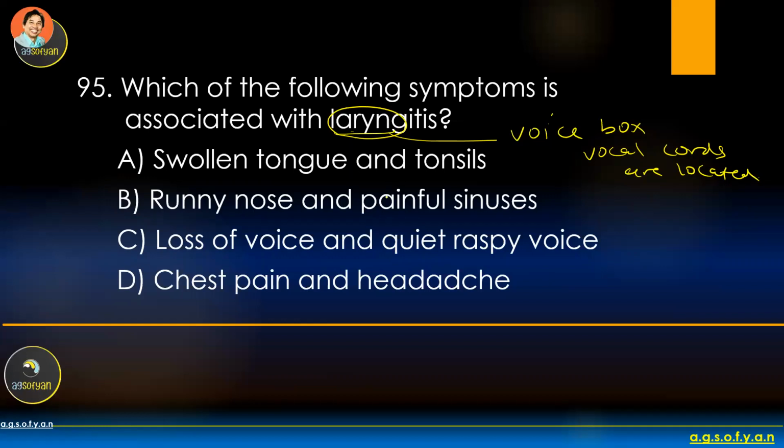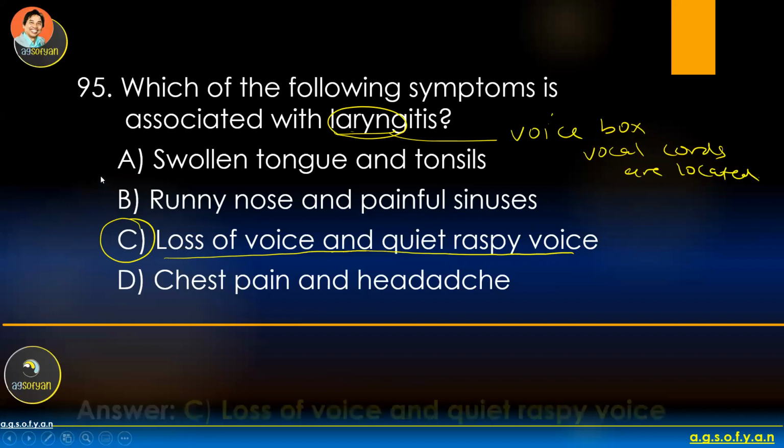Then what's the symptom going to be? Of course, look for loss of voice or a raspy, quiet voice. That's the one associated with laryngitis. If someone lost their voice, they might have laryngitis.